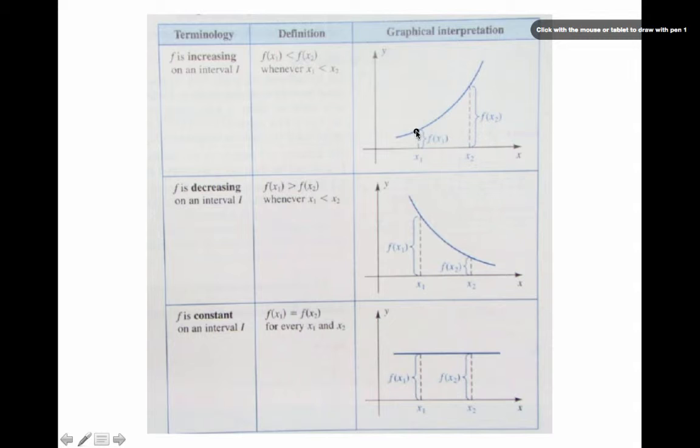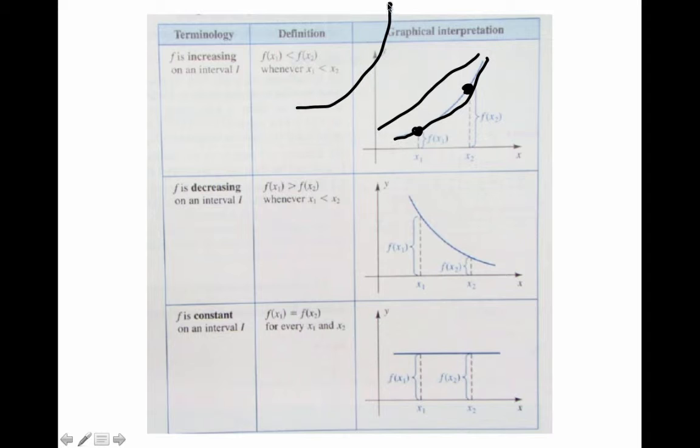So that's what we're saying. It's increasing because this point here is below that point there, and that's true for this entire function. Notice it doesn't have to be a linear function. It can be something like an exponential function.